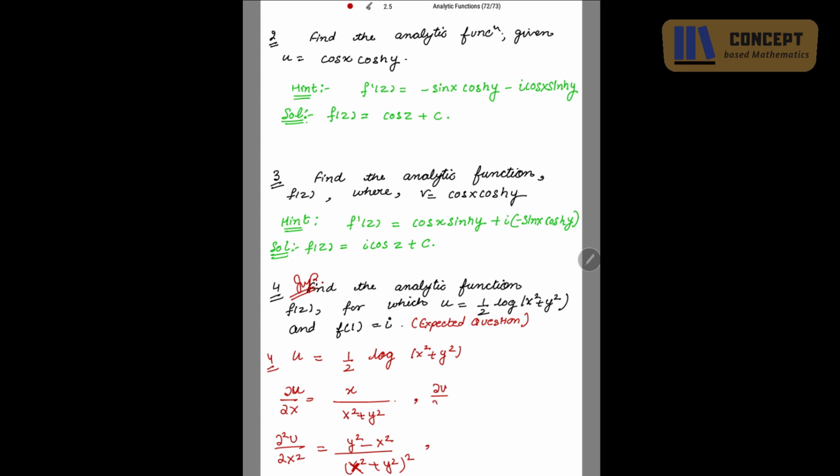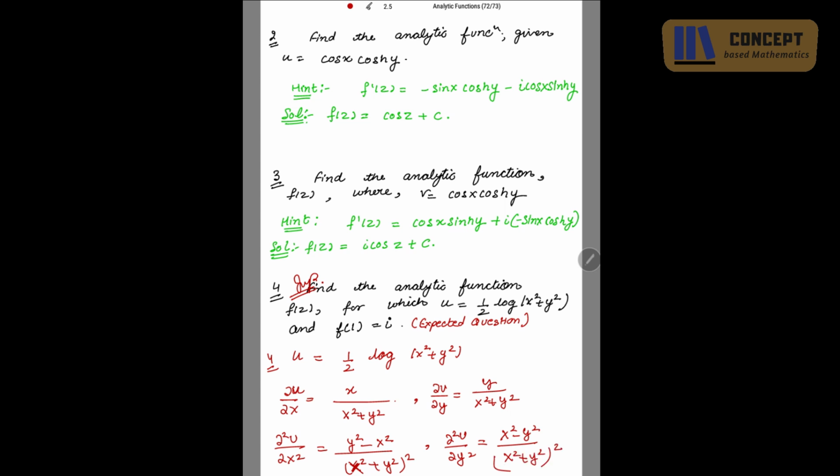Del u over del y comes out to be, by symmetry, y over x squared plus y squared, and del squared u over del y squared, again by symmetry, is (x squared minus y squared) over (x squared plus y squared) whole squared.